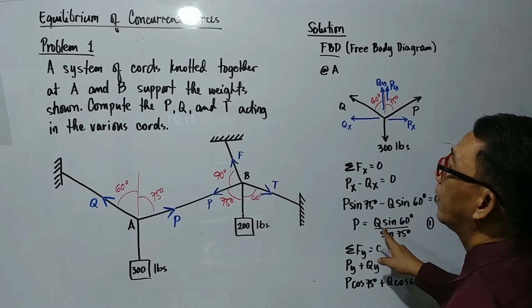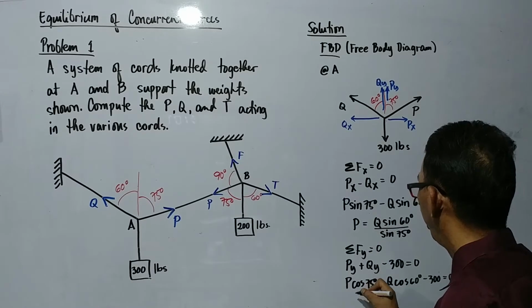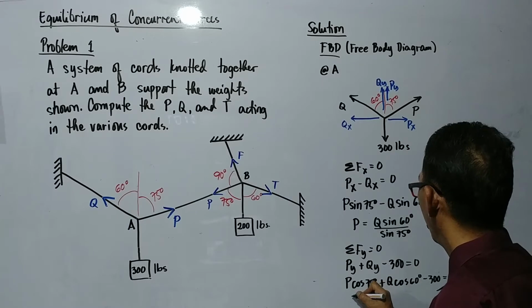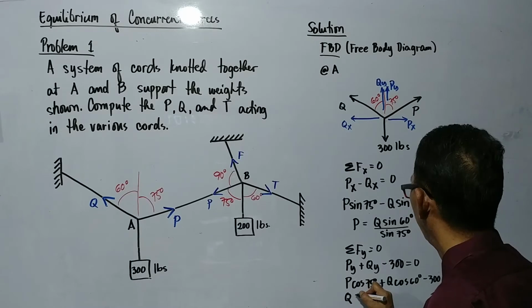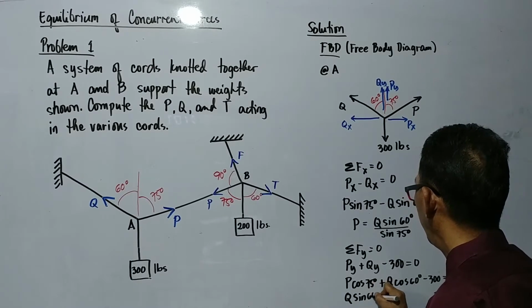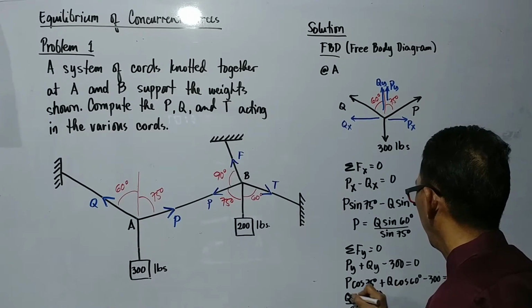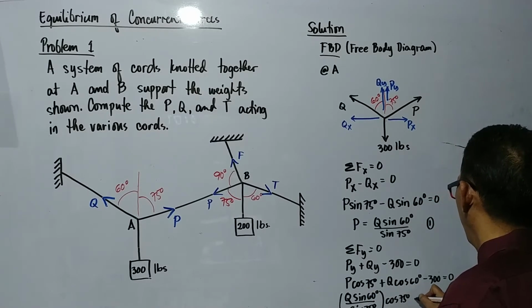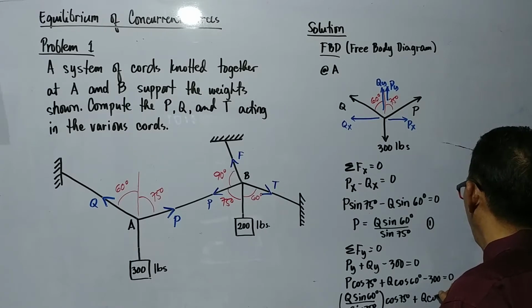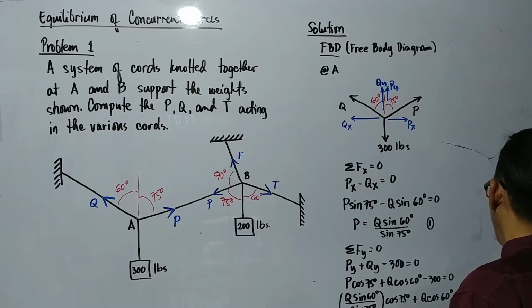Let's substitute P in terms of Q. Our P is Q sine 60 degrees over sine 75, times cosine 75, plus Q cosine 60 degrees minus 300 equals 0.